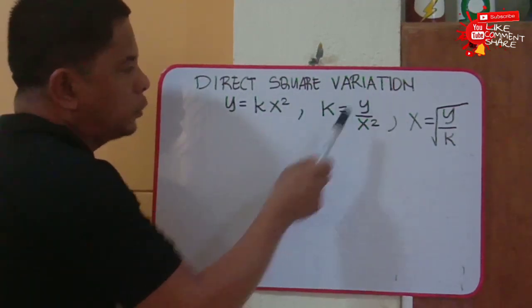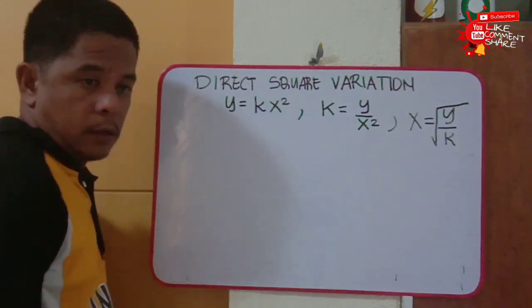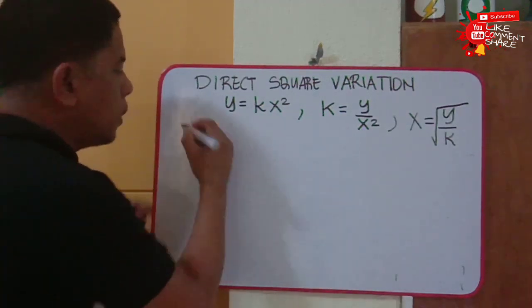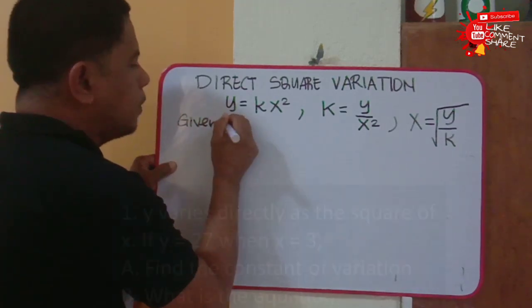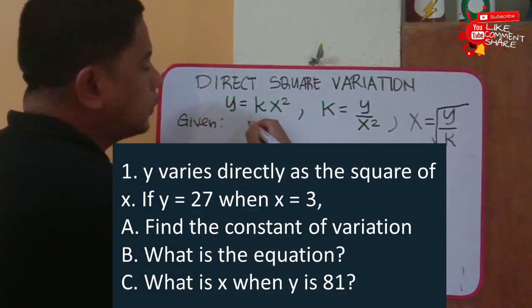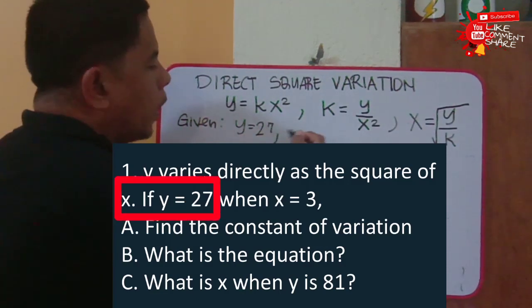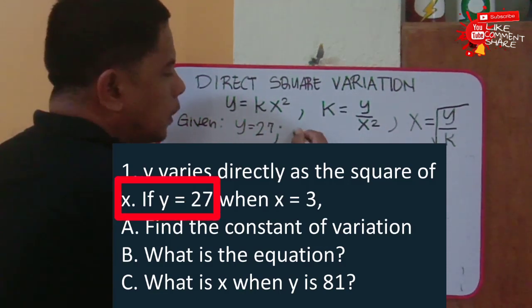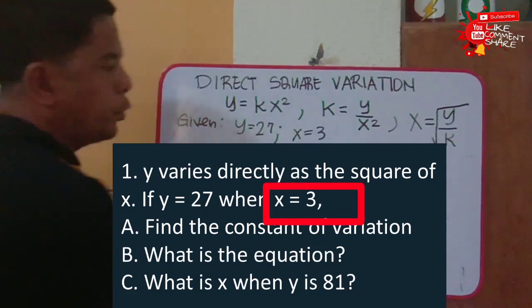Direct square variation, it means yung x natin ay second degree. Okay, ano yung given? Ang given po natin, y equals 27 when x equals 3. So, yan po yung given.